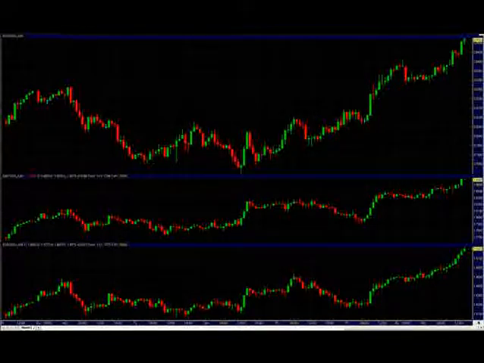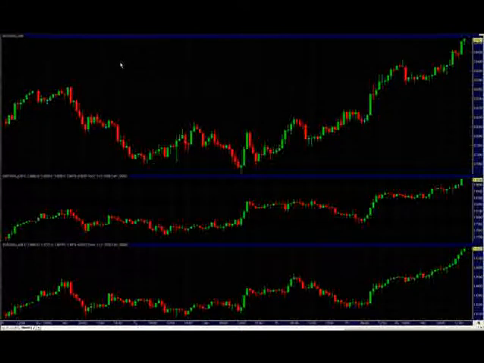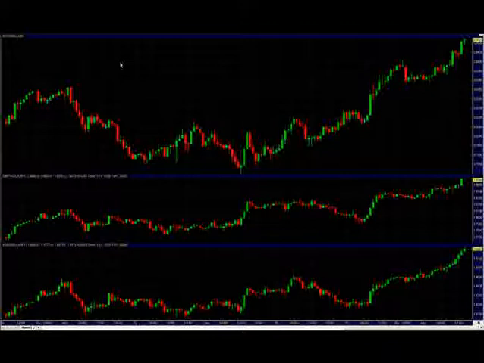Now, I'm not just going to make a statement like that and not show you an example of what I'm talking about. Don't let me get you wrong either. You can't discount the fact that every currency does move the market.